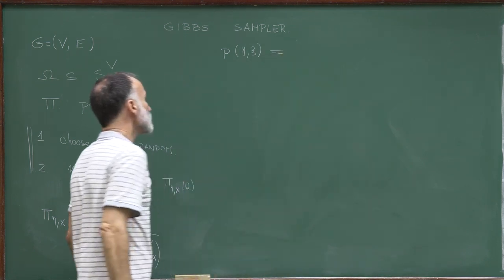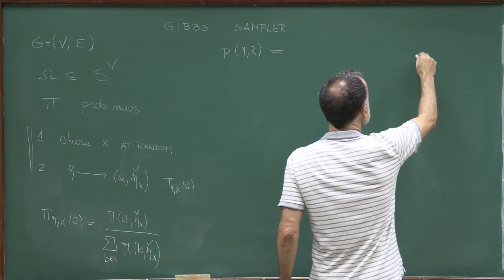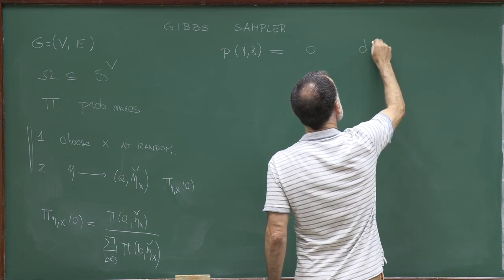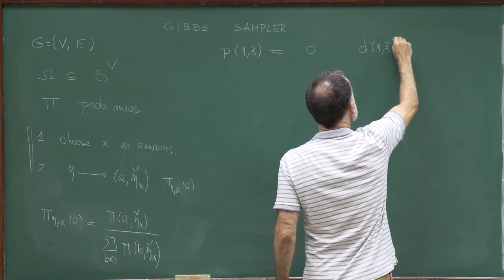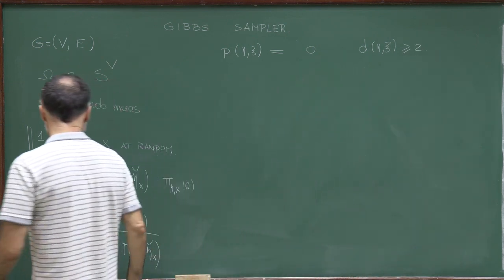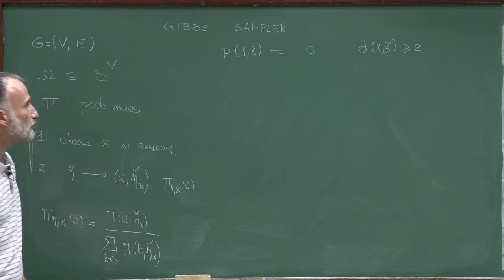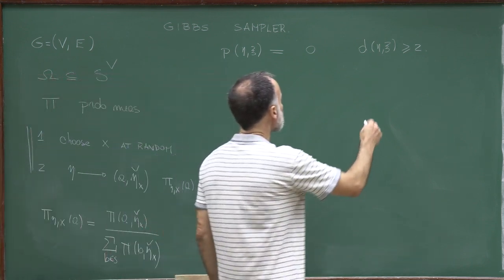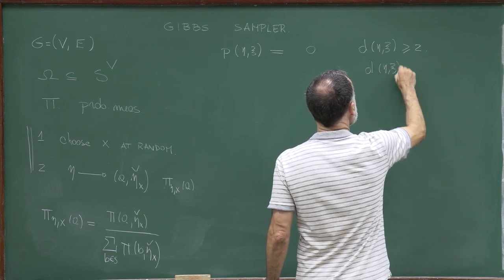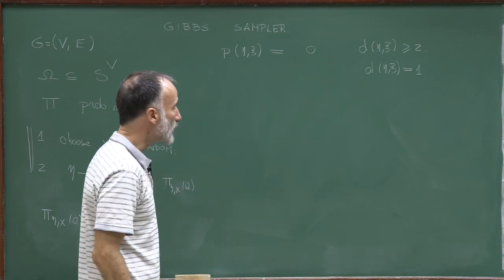And well, I first claim that this is equal to 0 if the distance between eta and xi is larger than 2, because you see that here in the algorithm I'm changing only a site at a time. Now let me take the case in which the distance between eta and xi is equal to 1.